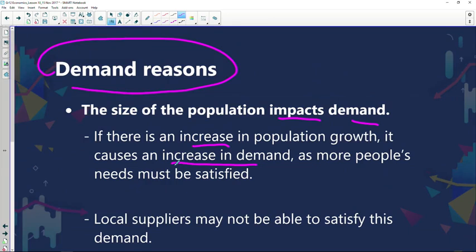So if you have an increase in the population, it means that you have more people that you have to look after, people whose needs you have to ensure are satisfied. So when there's an increase in population, that will result in an increase in demand. As a result of this, we deal with a lot of issues.